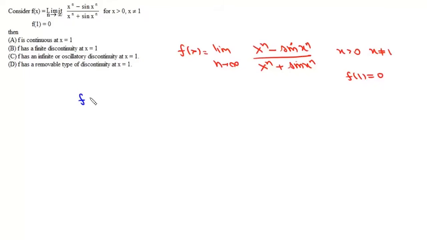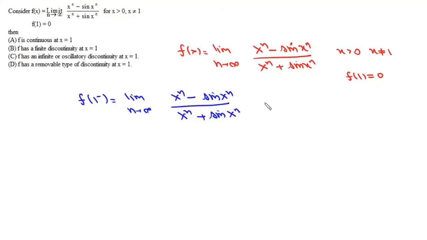Now if we look at its left hand limit f(1 negative), then it will be this limit, n tends to infinity, x to the power n minus sin x to the power n upon x to the power n plus sin x to the power n when x tends to 1 negative.